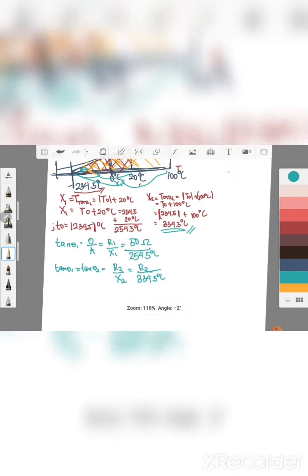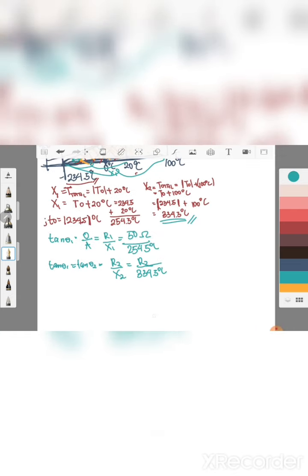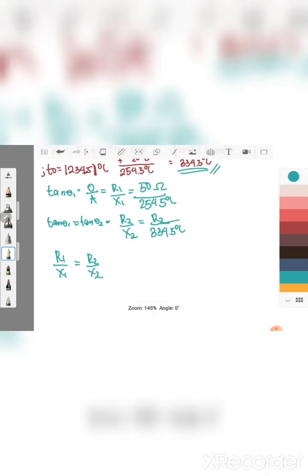Okay. So tan theta 1 is equal to tan theta 2. Therefore, I may say that R1 over my X1 is equal to my R2 all over my X2. Our R1 is equal to 50 over 254.5 degrees Celsius, which is equal to our R2 divided by 334.5 degrees Celsius.